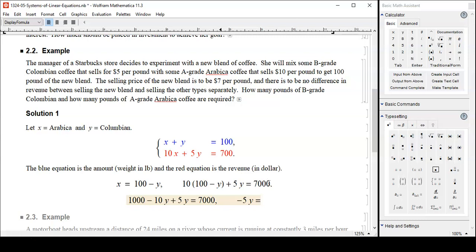Oh, excuse me, this is not 7,000, it's 700. I have too many zeros here. It should be 700, $7 per pound and 100. Taking the like terms together, negative 10y plus 5y, so negative 5y, and flipping this 1000 to the other side, we get negative 300.